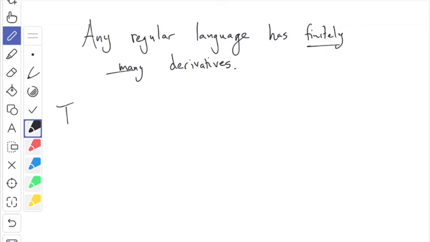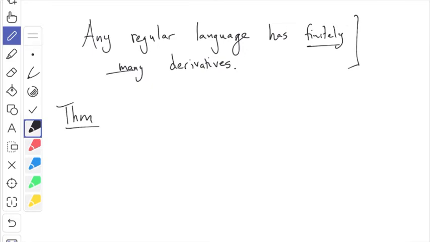Maybe I'll write the theorem. I'm going to write the contrapositive of this because it's the format in which we use it more often. Remember, if you have P implies Q, the contrapositive is not Q implies not P. That means the opposite. So if I wanted to state this as an implication, I would say if L is a regular language, then L has only finitely many different derivatives.